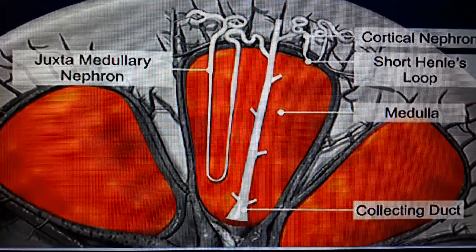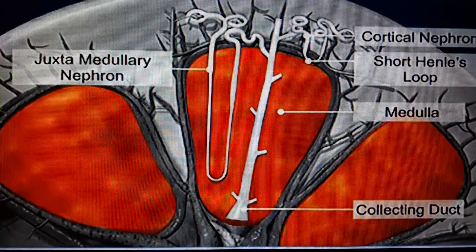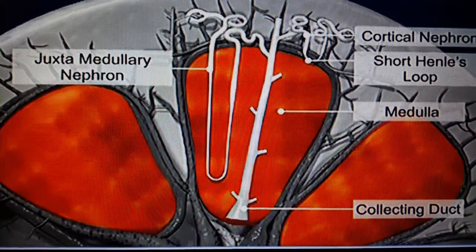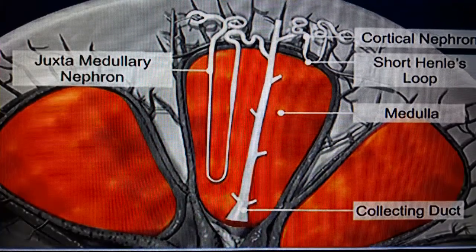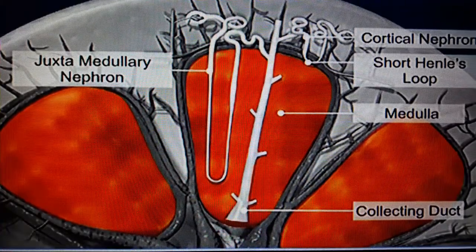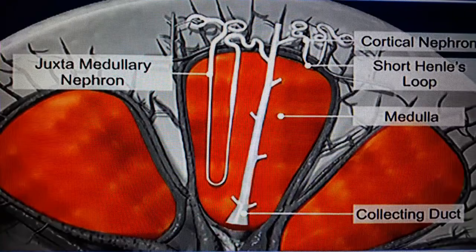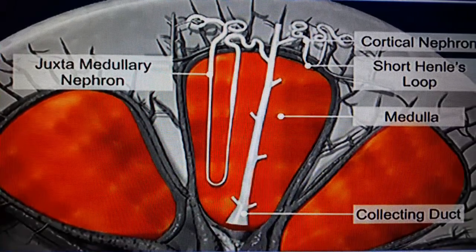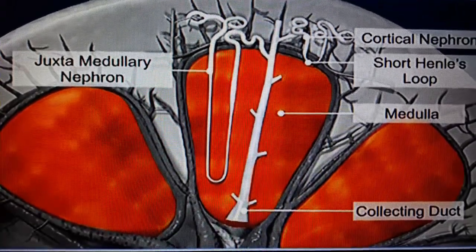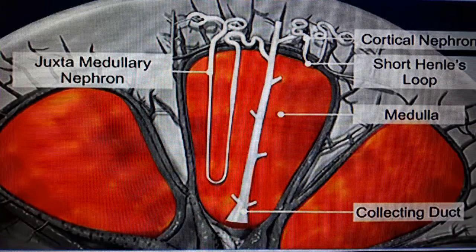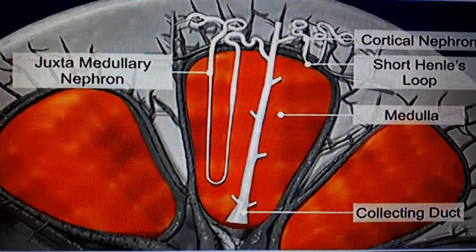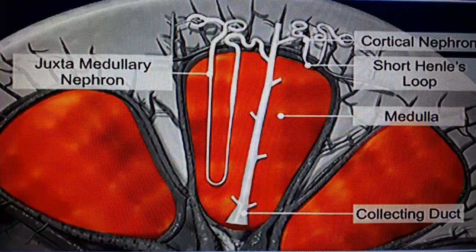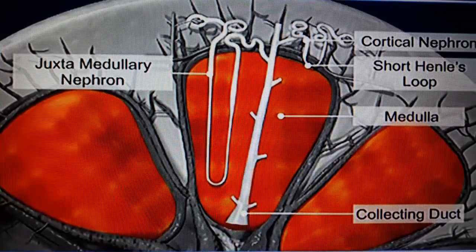The DCT reabsorbs the remaining water, and the collecting duct does little absorption of water. This is how you write the types of epithelium present in different parts of the nephron. It is very essential, as one question always comes from this area.